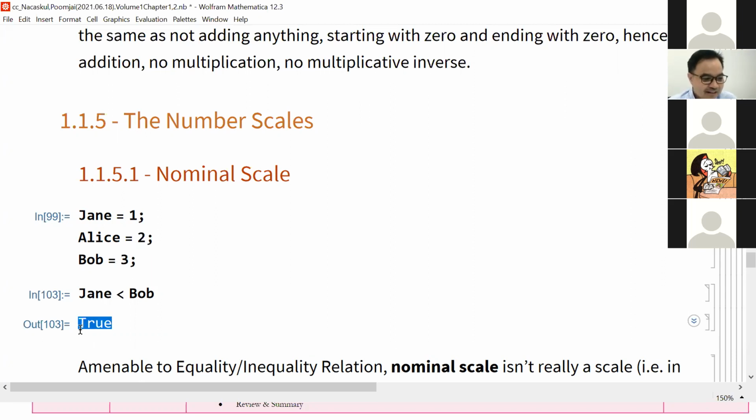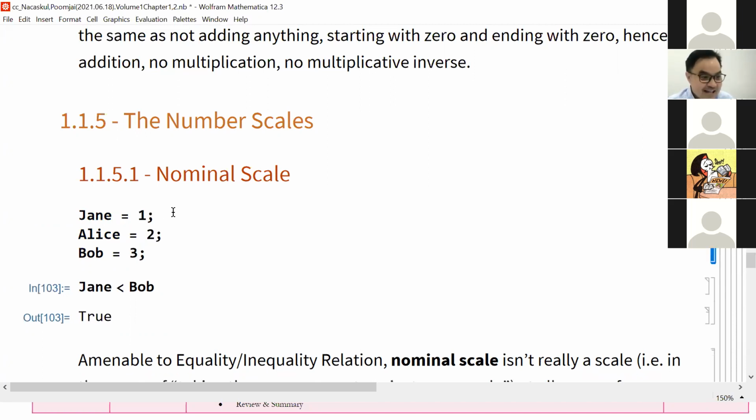This is meaningless. Because when I assign numbers 1, 2, and 3, this is my ID number. Okay. If you don't believe me, put your name here, put your student ID here, put your friend's name, okay?